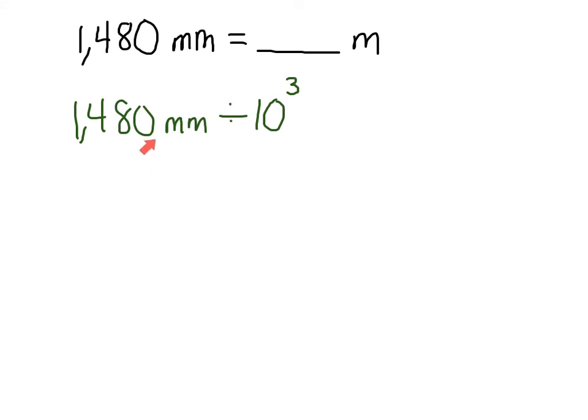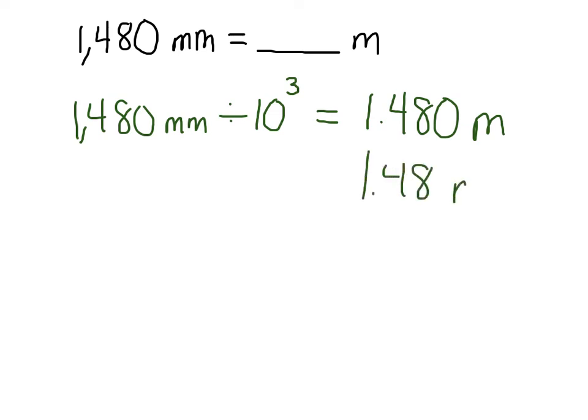So if I do that, my decimal point started out here and is going to end up here when I move my digits 3 places to the right. That's going to be equal to 1 and 480 thousandths of a meter, or, you can drop that 0, 1 and 48 hundredths meter for that.